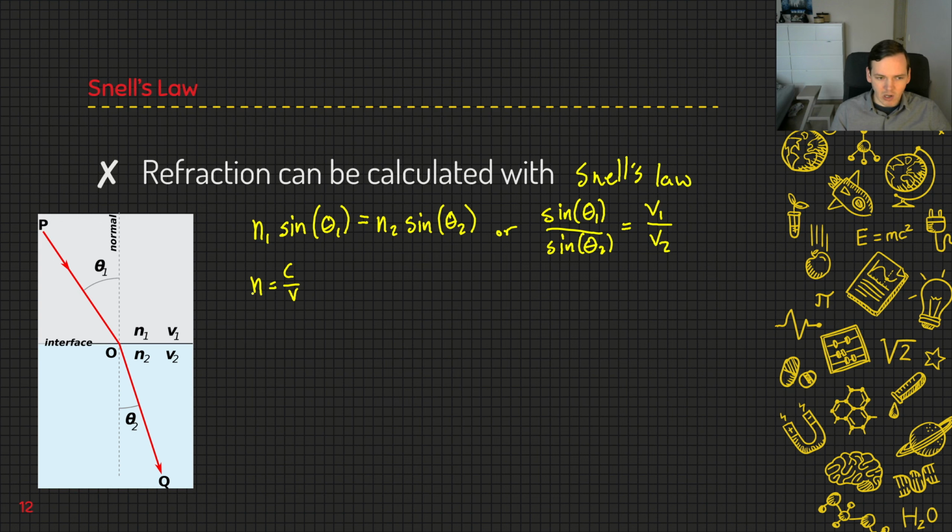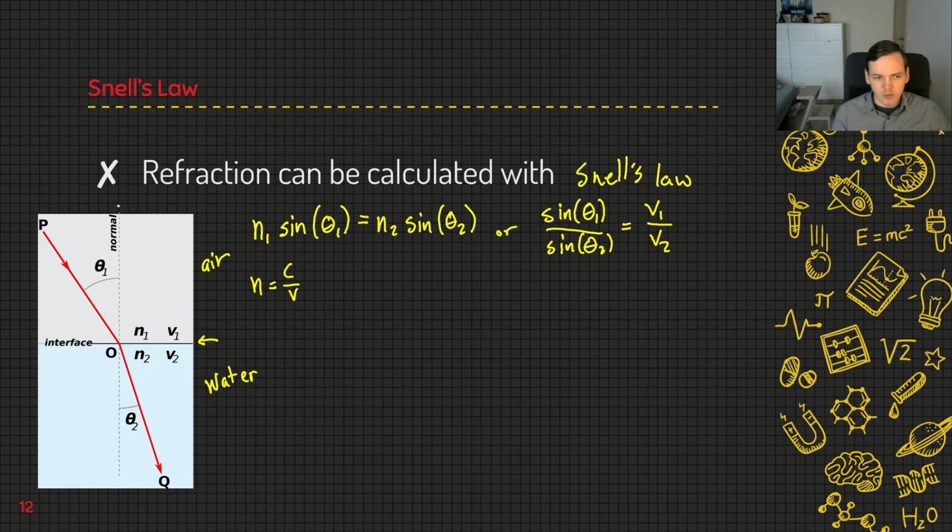So now, what does all of this mean? If you look at this diagram here, you have the interface, which is the difference between the two mediums. Say on top this might be air, and then down below this might be water. So there's a surface, or the interface between them.